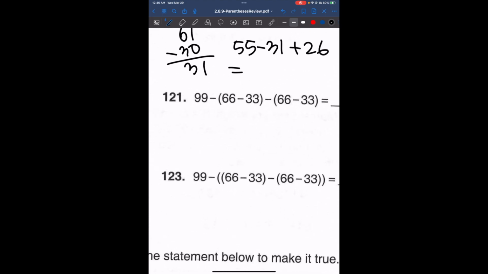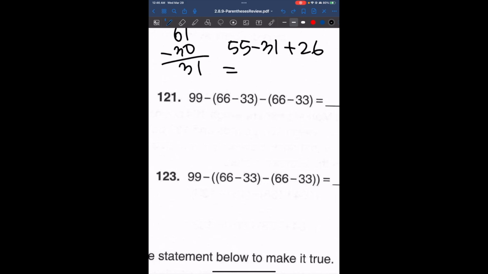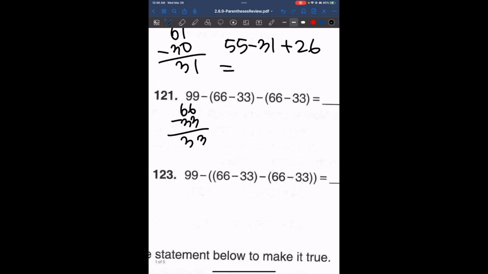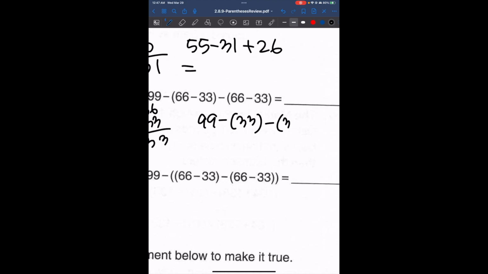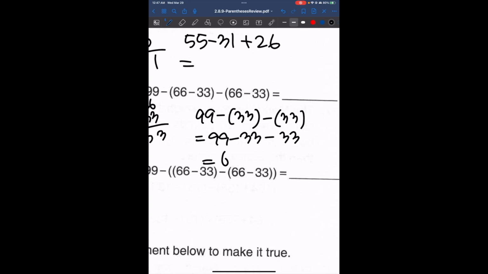We have 99 minus parentheses minus parentheses. 66 minus 33 is equal to 33. Both of them are the same. So we have 99 minus 33 minus 33, which is 66 minus 33, equals 33.